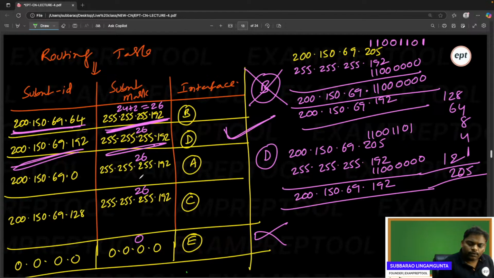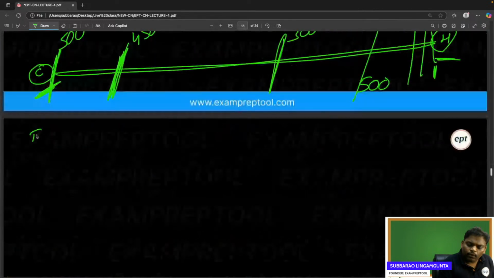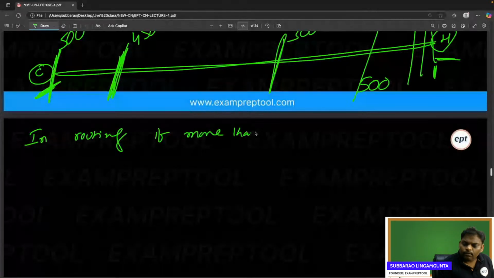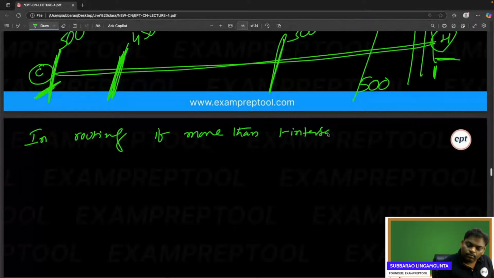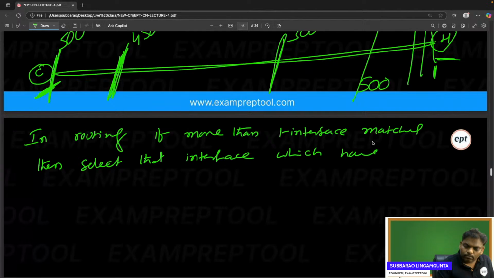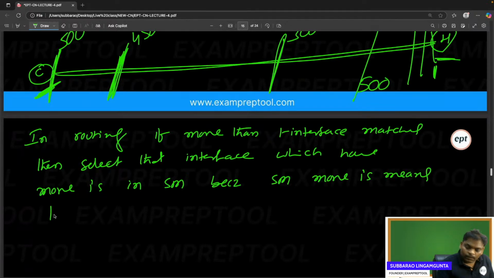Let's see. In the routing table, if more than one interface matches, then select that interface which has more ones in the subnet mask, because more ones in the subnet mask means fewer hosts.